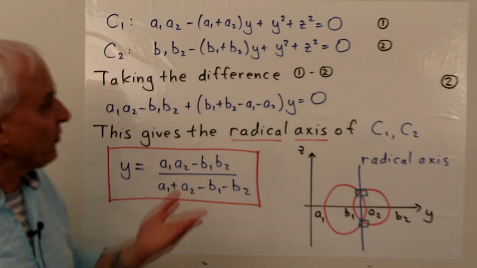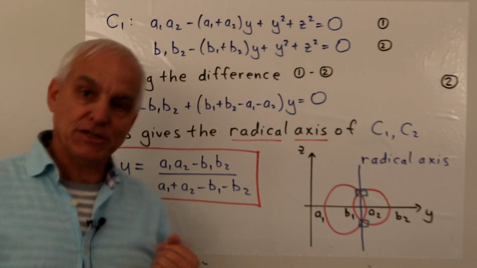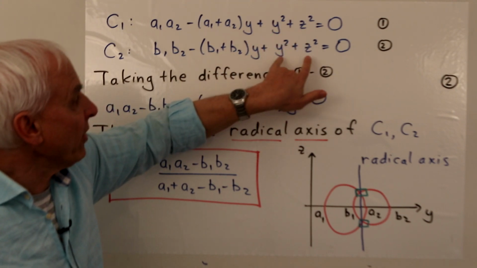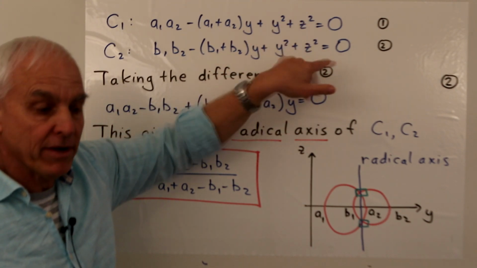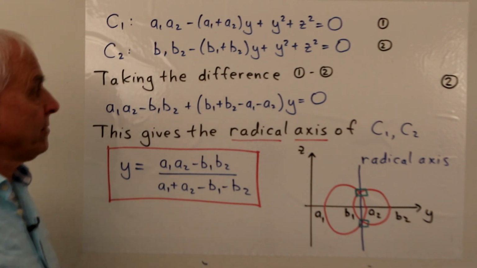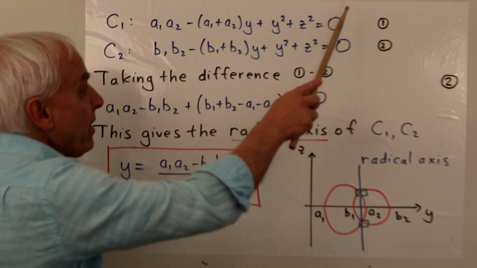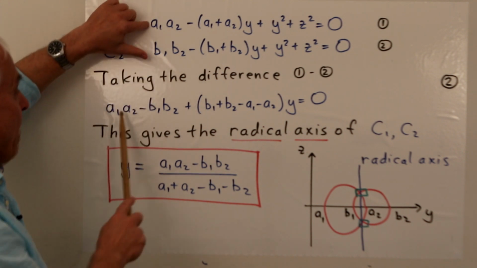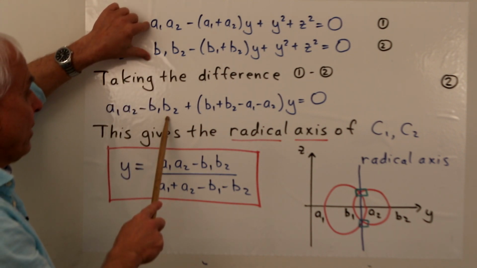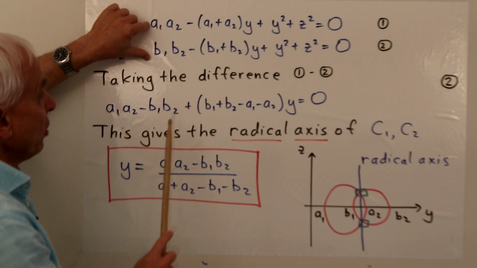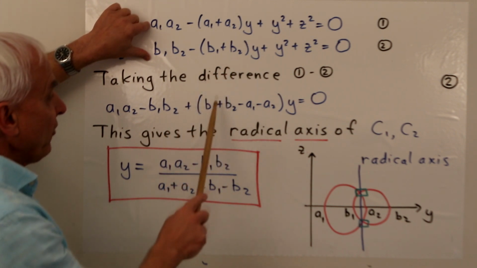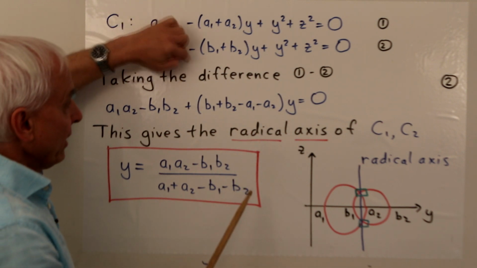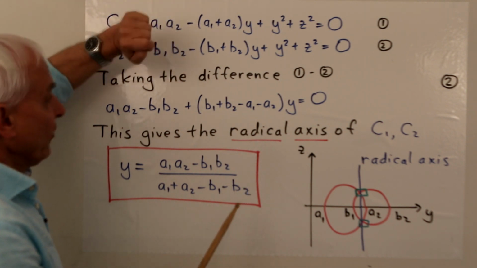And our first step is to take the difference between these two equations, because then the quadratic terms y squared plus z squared, which are common, are going to disappear. So let's take the difference, say equation 1 minus equation 2. Then we have a1 a2 minus b1 b2, plus the y term with coefficient b1 plus b2 minus a1 minus a2, because we're taking this one minus this one.